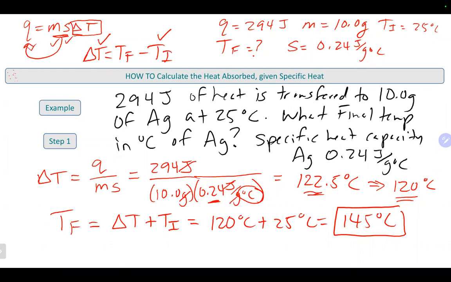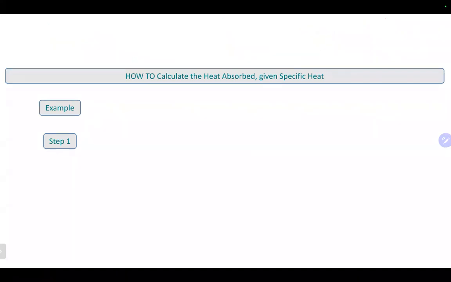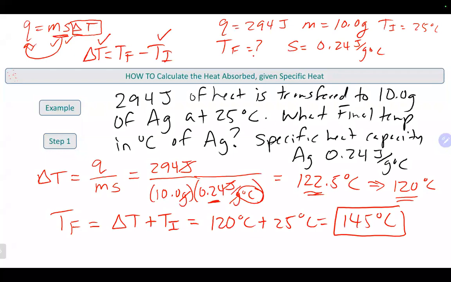Okay. Now, when we talk about specific heat, and by the way, this is endothermic, so obviously we're transferring that heat to silver. So the silver is picking up the heat. So that's why we would expect our final temperature obviously to be higher as it picks up the heat.